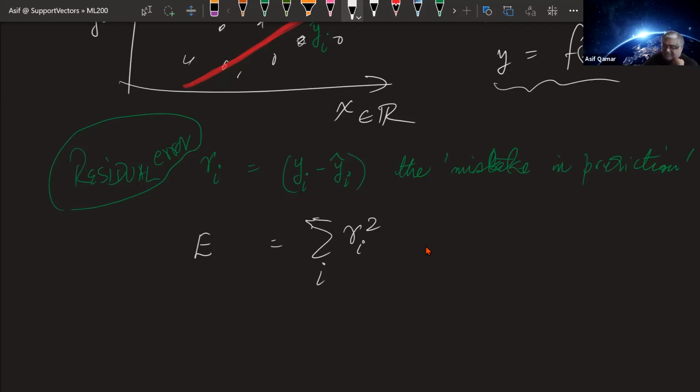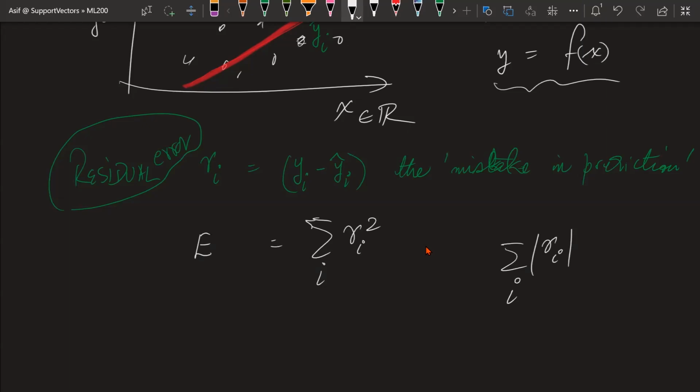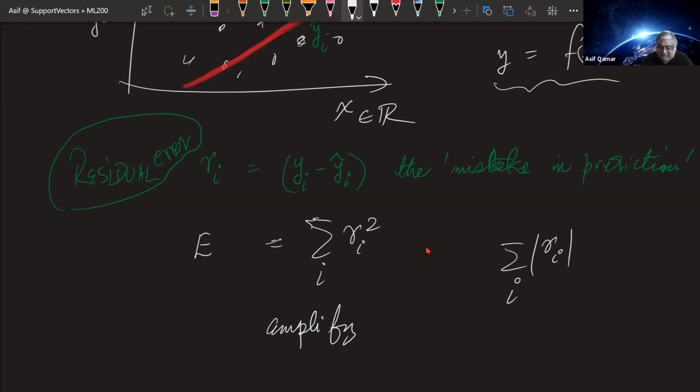That is true, but I could have done the sum of the mod of all the errors. That's mathematically messier. Mod is, for example, not a differentiable function. But there is also a theorem. Amplify the errors. Yes, absolutely great, Jaya. A quadratic will amplify bigger errors.